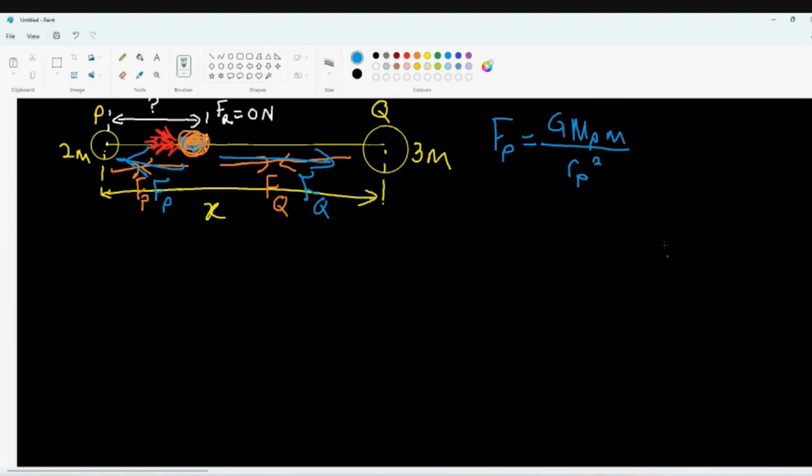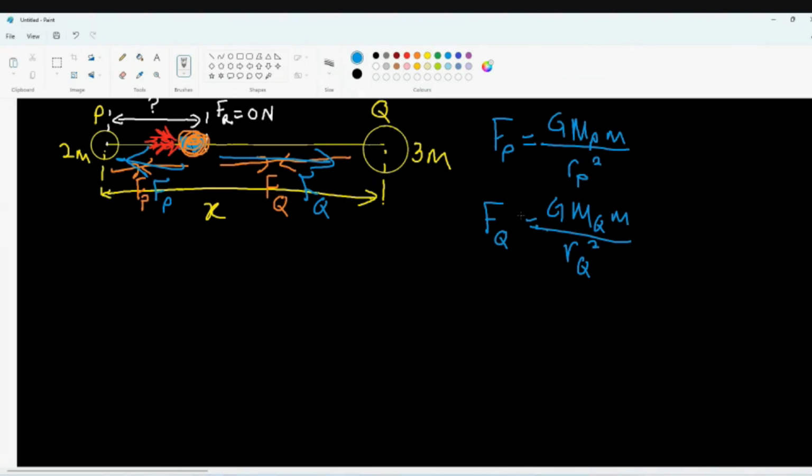And the force toward the planet Q will be G times MQ multiplied by the mass of the rocket, over the distance from the rocket to the planet Q squared.